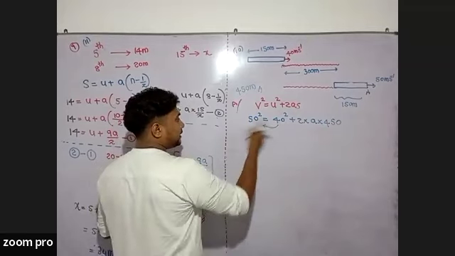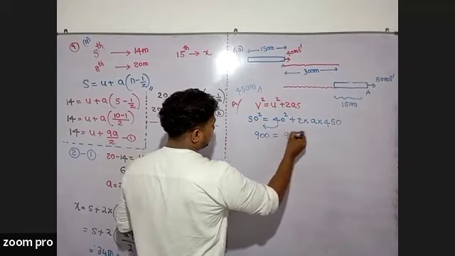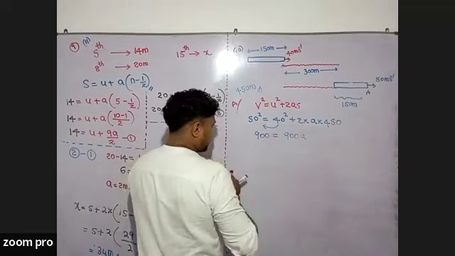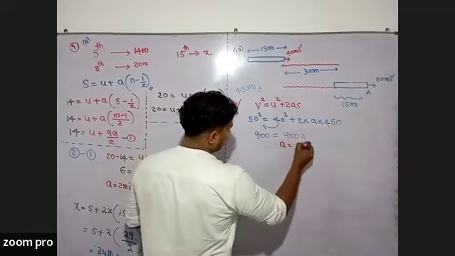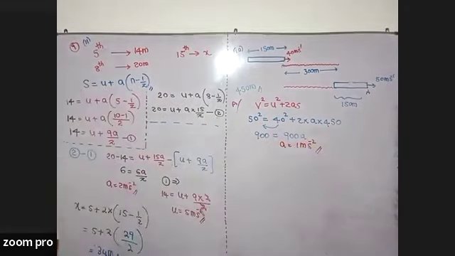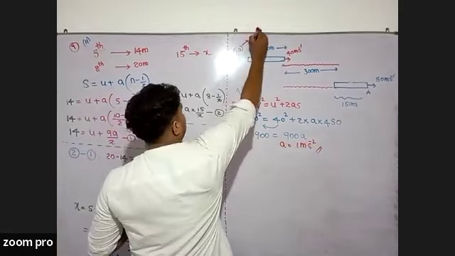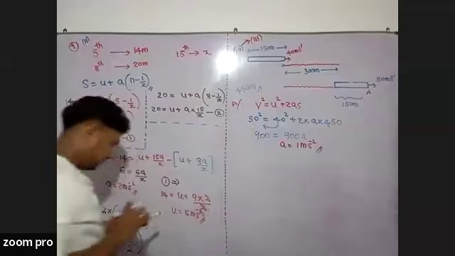If I simplify these, I can obtain 900 equals 900a. So a should be equal to 1 ms minus 2. That's the answer for this question, and it should be the third one. The third one is the answer for the 10th question.